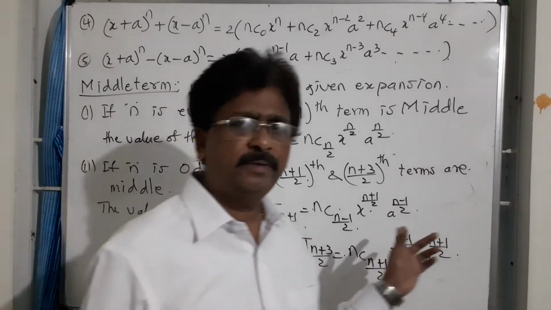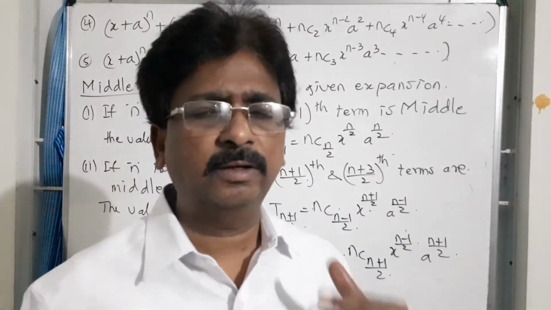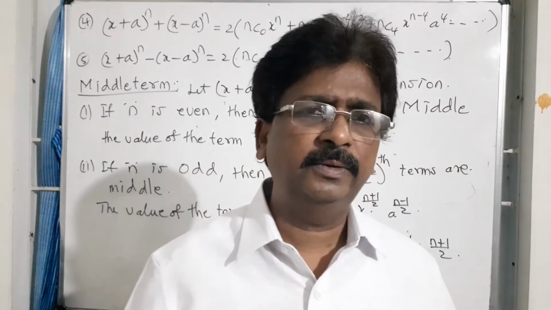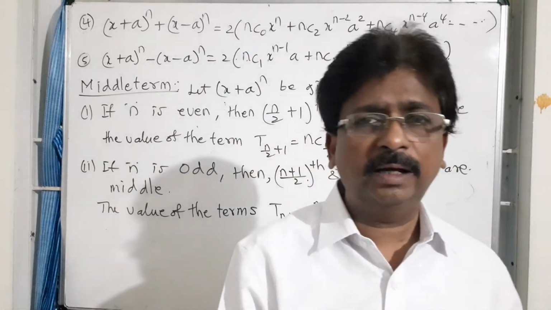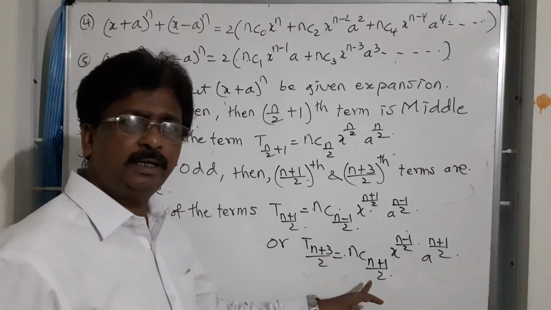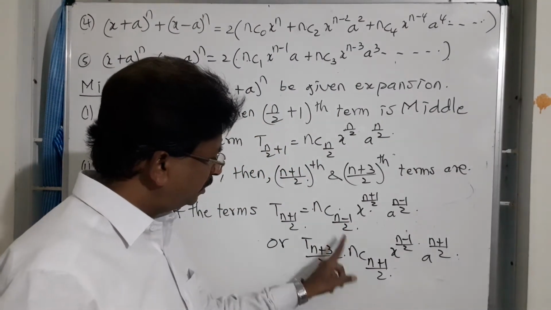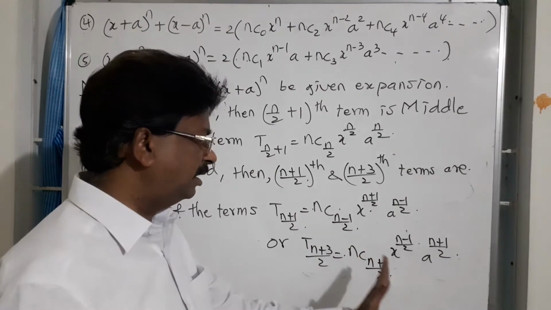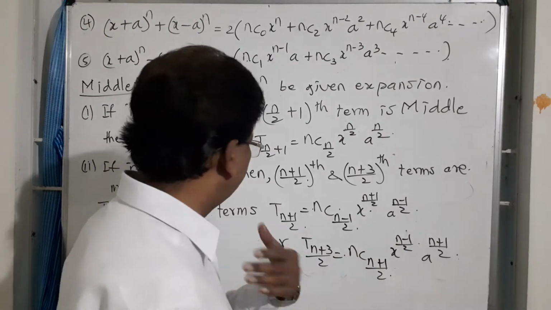Okay. You have to remember very well that in the permutations and combinations topic, we derived many properties of nCr. One of the properties is nCr equals nC(n - r). Therefore, these values are the same: nC((n - 1)/2) and nC((n + 1)/2) are the same. Remember very well.